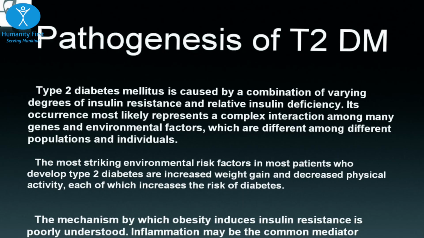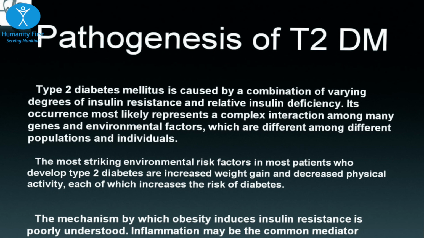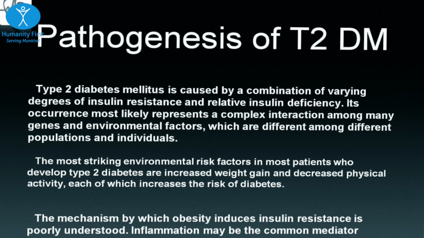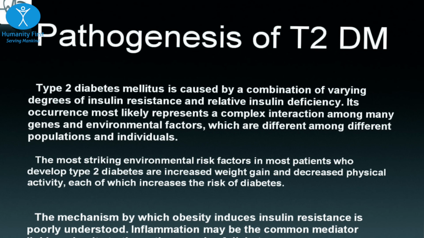Pathogenesis: how is type 2 diabetes developed? I mentioned insulin resistance, and if you look at the causes shown on the slide, there are various factors which can influence and cause diabetes mellitus.